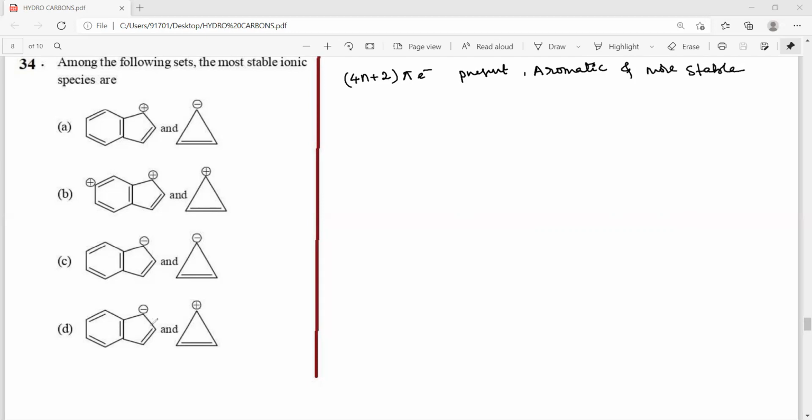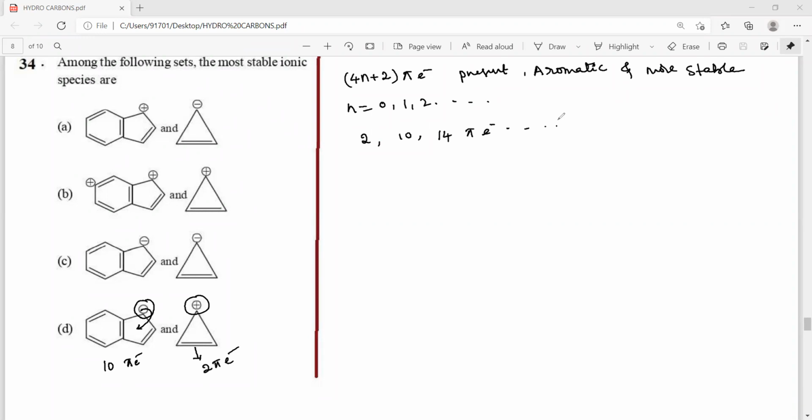Okay, students, let's see the fourth option. Here a negative charge is present. The lone pair electrons are involved in resonance, so we also have to consider them as pi electrons. Then a total of 10 pi electrons are present here, and a positive charge is there, with 2 pi electrons. So 4n plus 2 pi electrons, where n equals 0, 1, 2, 3 and so on, gives 2, 10 and 14 pi electrons.